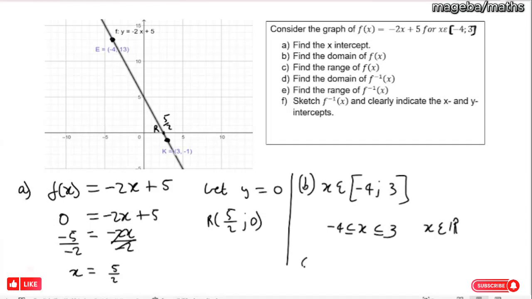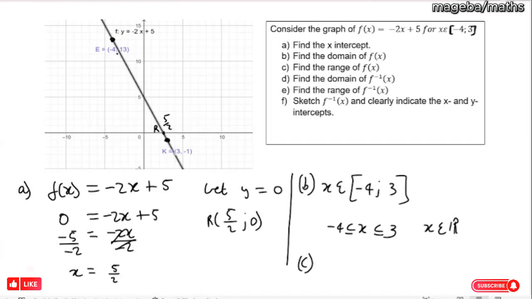Now C, they're telling us to find the range. The range means where the y values exist. Remember they've told us that this function starts here and ends here. So the range of this graph is going to be the y coordinates of these points.